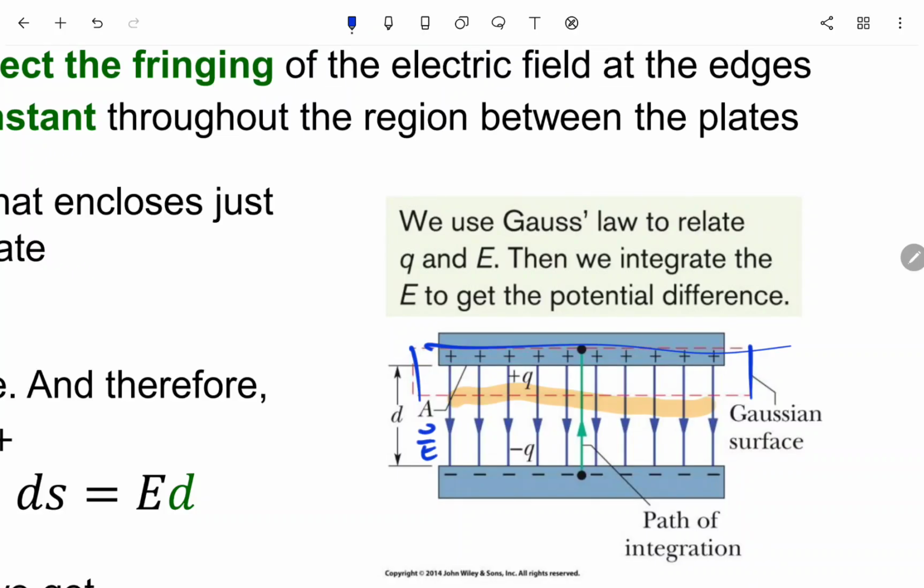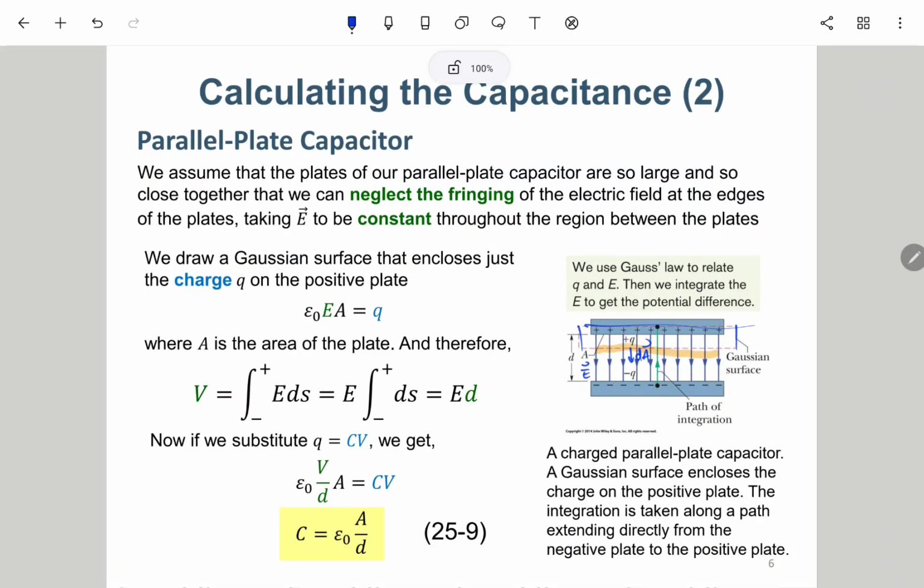E is pointing downward, and dA is also pointing downward, because it should be pointing outside. So E and dA are parallel to each other, so E dot dA is E times dA, and E is a constant. So this turns out to be E times A.